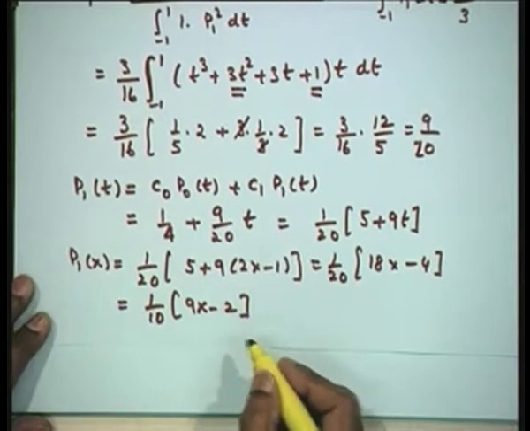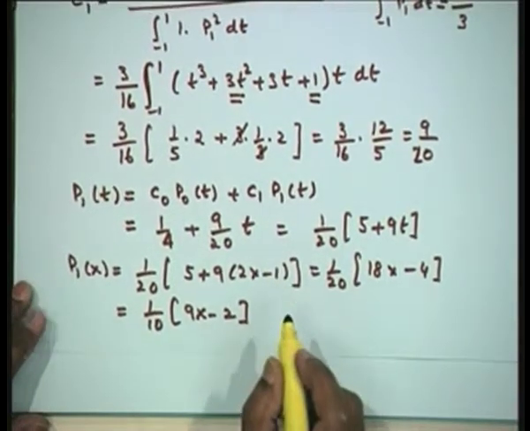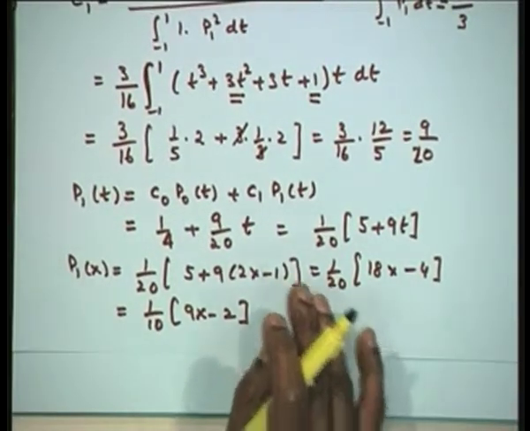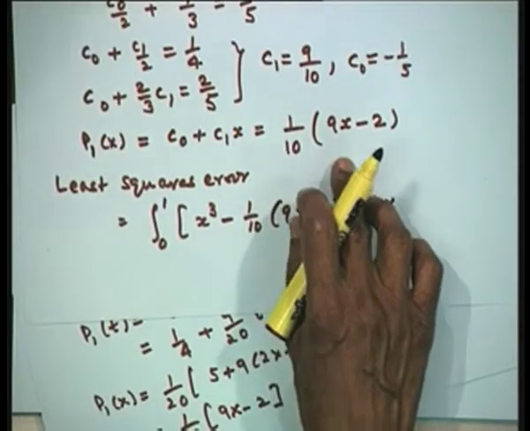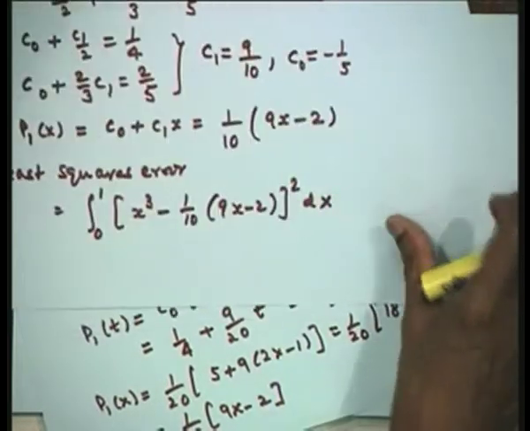Therefore, the linear approximation in terms of the orthogonal polynomials turned out to be the same as what we have done in the other case, when we did it directly using the polynomial approximation of order 1. So, we have got the same result over here by using the orthogonal polynomials also. Now, let us do the quadratic also.